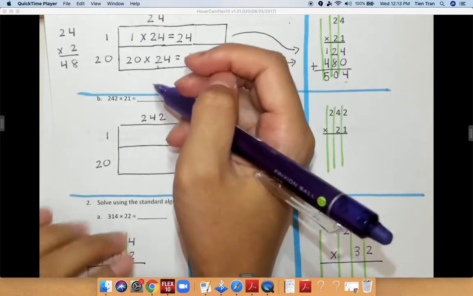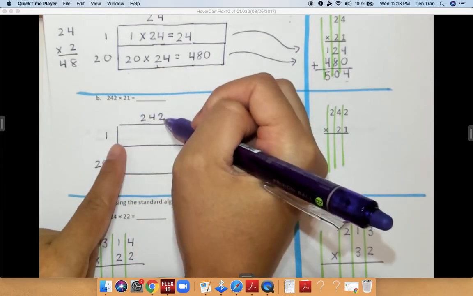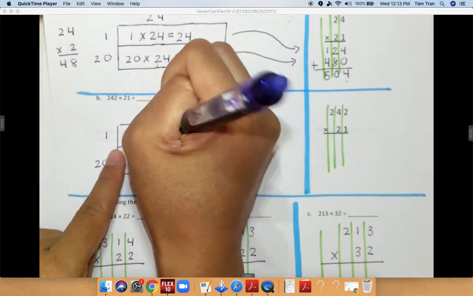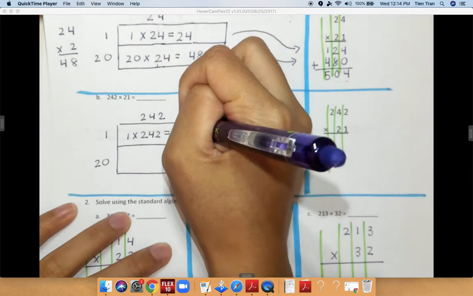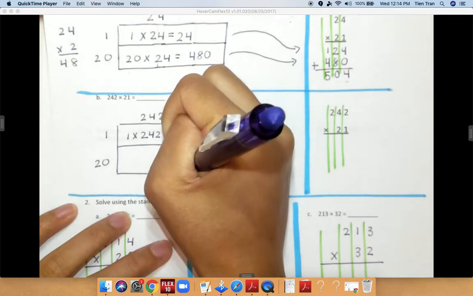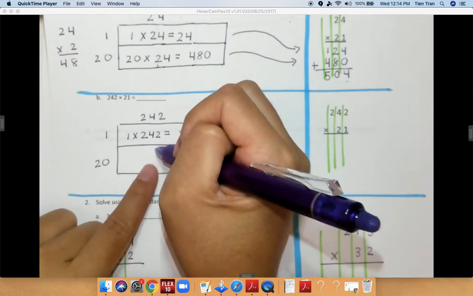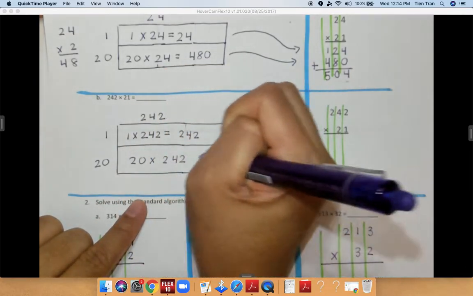For problem B, they want me to do the same thing. I'm multiplying 21 times 242. So 1 times 242 is going to give me 242. And 20 times 242, I need to figure out what that would give me.